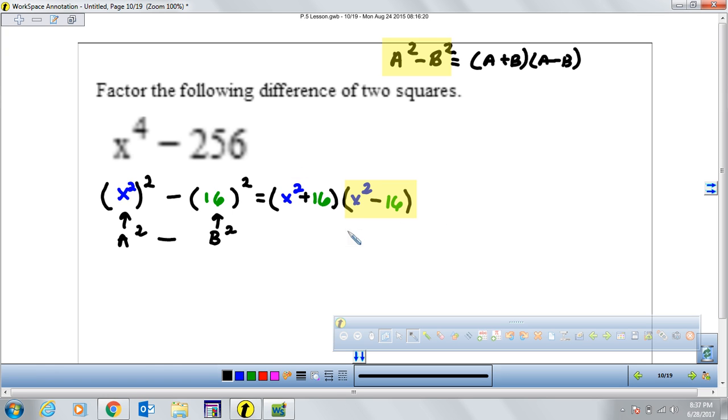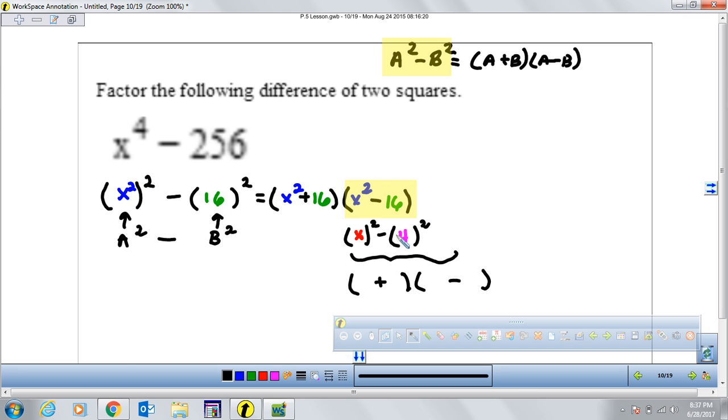Now, on this one, we need to find out something that squared gives me x squared, and something that squared gives me a 16, which in this case, x to the second power would give me x squared, and in this case 4 to the second power would give me a 16. So we're going to use the formula again, and the formula says a plus b and a minus b, and now the a is my x and the b is the 4.